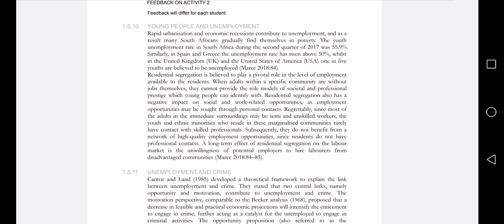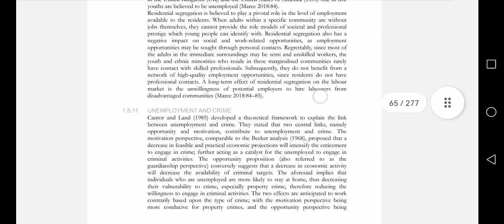Regrettably, most of the adults in the immediate surroundings may be semi and unskilled workers. The youth and ethnic minorities who reside in these marginalized communities rarely have contact with skilled professionals. Subsequently, they do not benefit from a network of high quality employment opportunities since residents do not have professional contacts. A long-term effect of residential segregation on the labor market is the unwillingness of potential employers to hire laborers from the disadvantaged communities. Murray 2018, page 84 to 85.